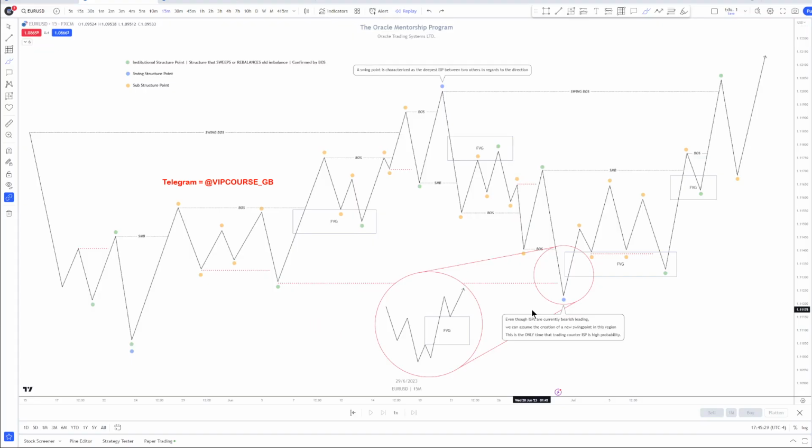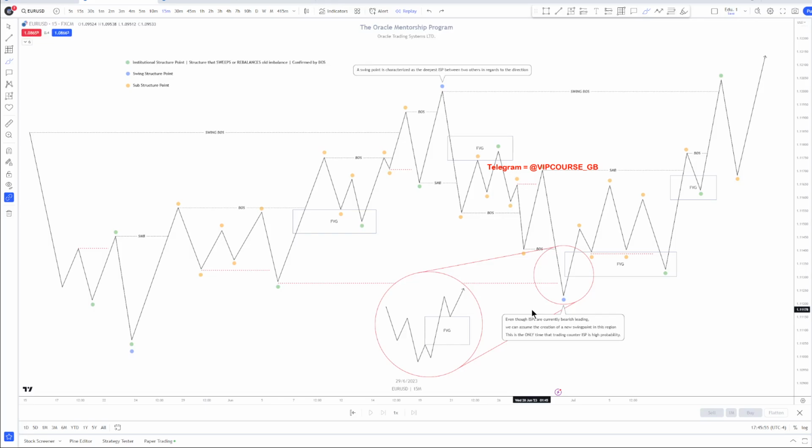Okay, so how do we define these structures? What are the characteristics of them? Institutional structure is characterized by a sweep of liquidity or a rebalance of old imbalance, also known as a tap into a fair value gap, FVG. Okay?